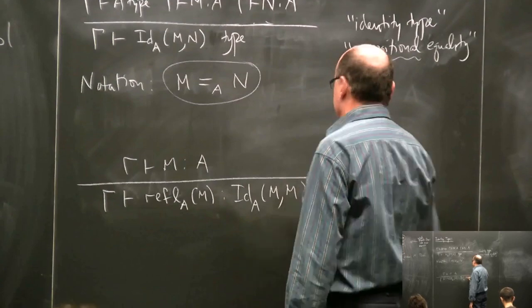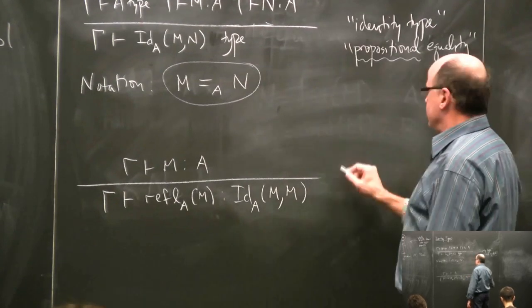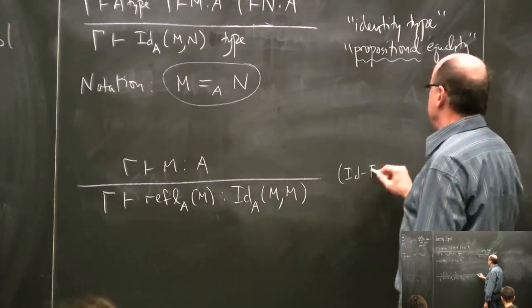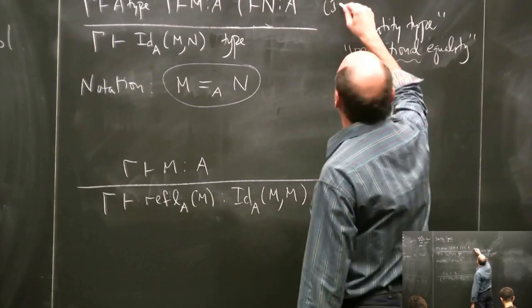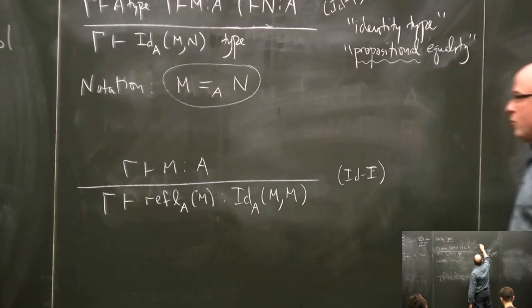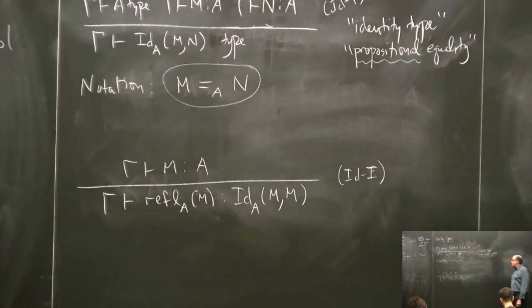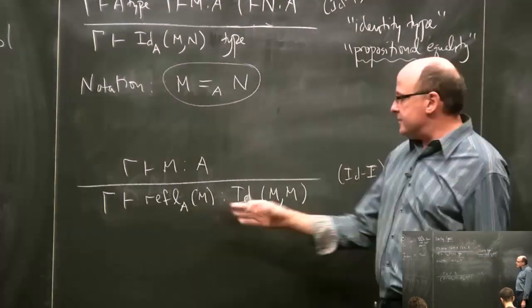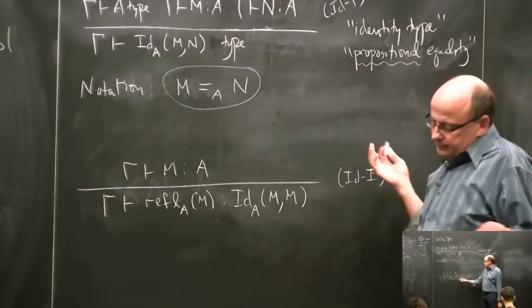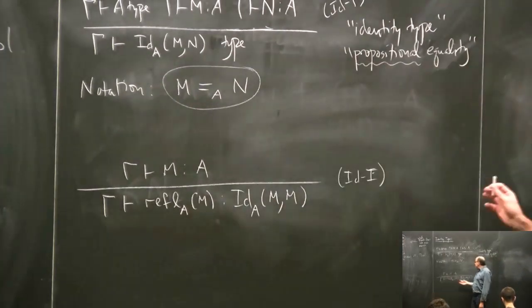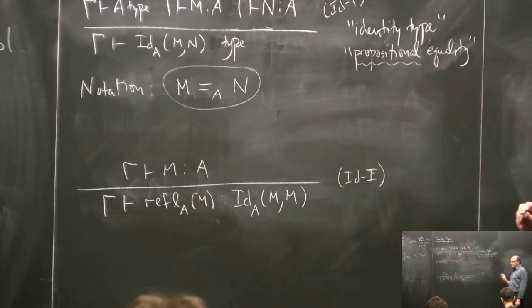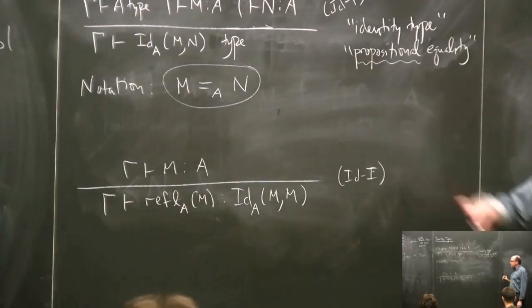I've certainly put this one up before. What I didn't put up before was the elim, which I'm going to do now. So this would be the id intro, and this would be the id formation, which is the principle of reflexivity. Read propositionally, it just says M is equal to M, of course. And that's the only intro rule, at the moment anyway.